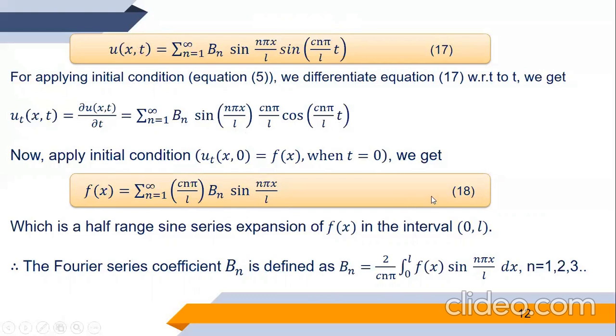So we get 18, and equation 18 is nothing but the half range sine series expansion of the function f(x) in the interval 0 to L. So therefore the coefficient bn is defined as bn = 2/(cnπ) integration 0 to L f(x) sin(nπx/L) dx, where n is 1, 2, 3 and so on.